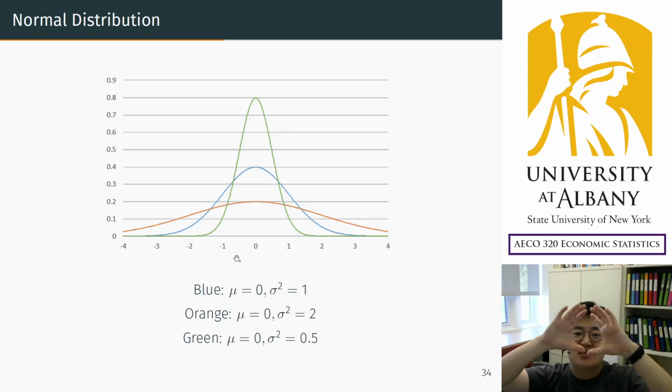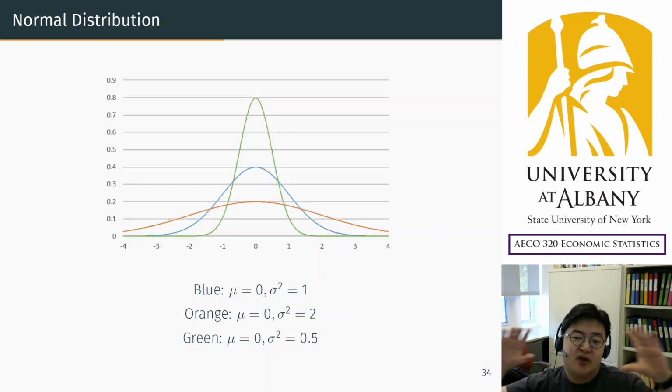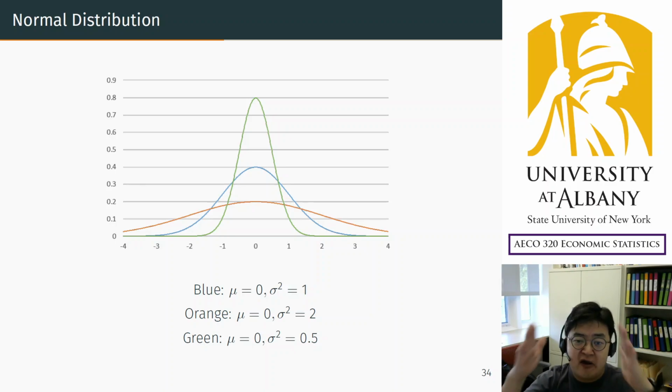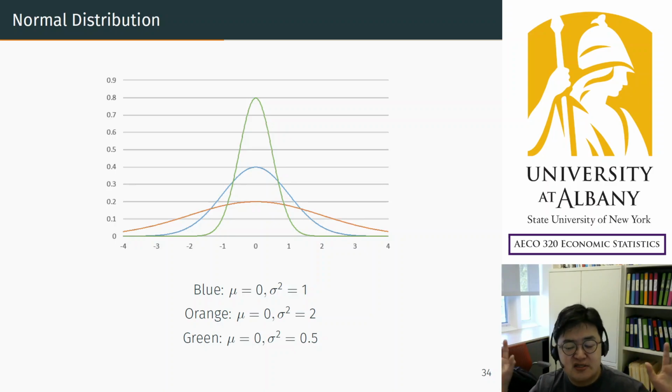The probability is more evenly distributed on the tail, so it is decreasing slowly from the center. Again, the mean determines the center and the variance determines the slope: how quickly the probability decreases away from the center. But in any case, it is always symmetric, always smooth, always like a nice bell curve decreasing away from the center.